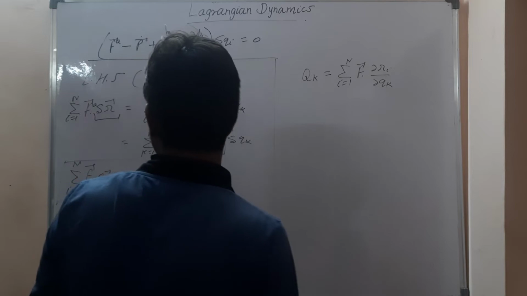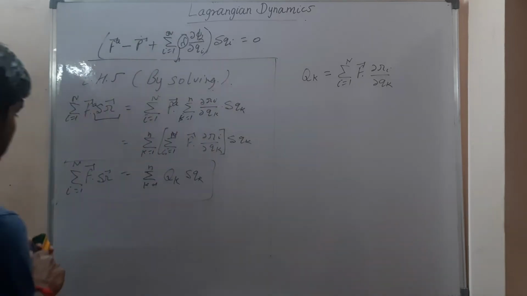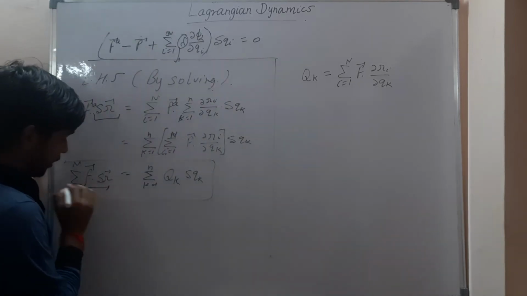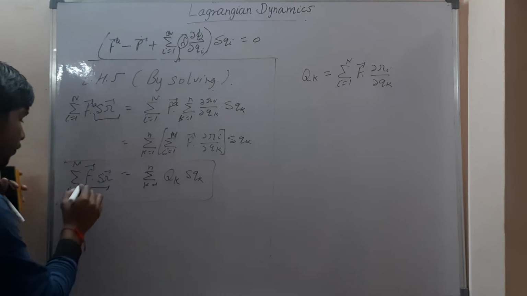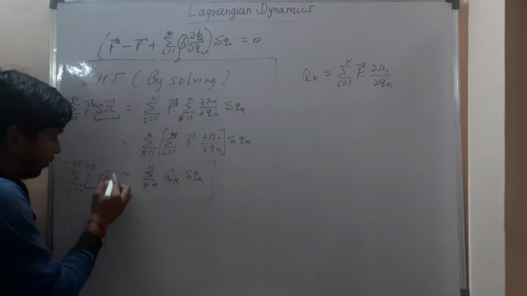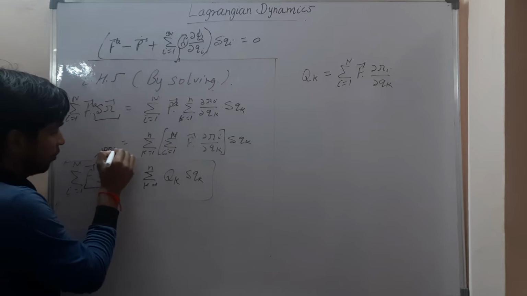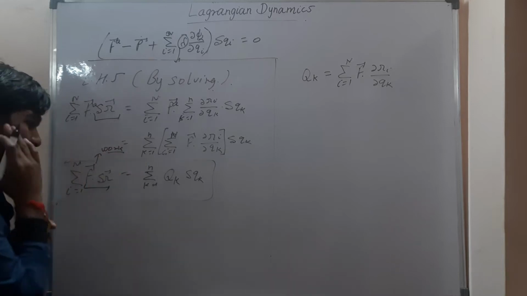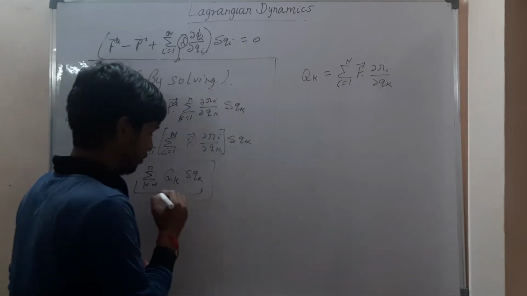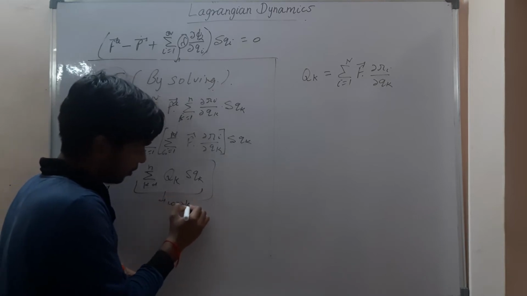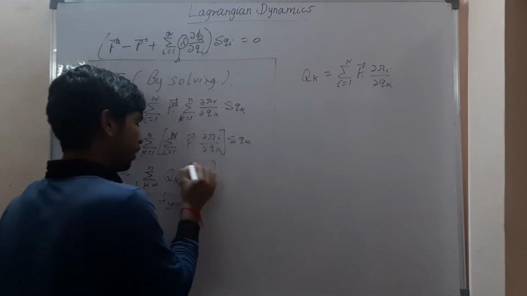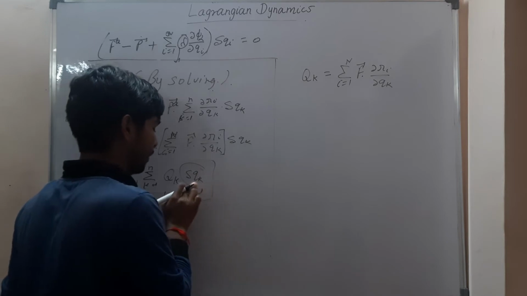Now if you observe this equation, here on the left hand side, this is the form of force into displacement, which shows work. So if the left hand side is work, then this should also be work. This is the parameter of displacement.